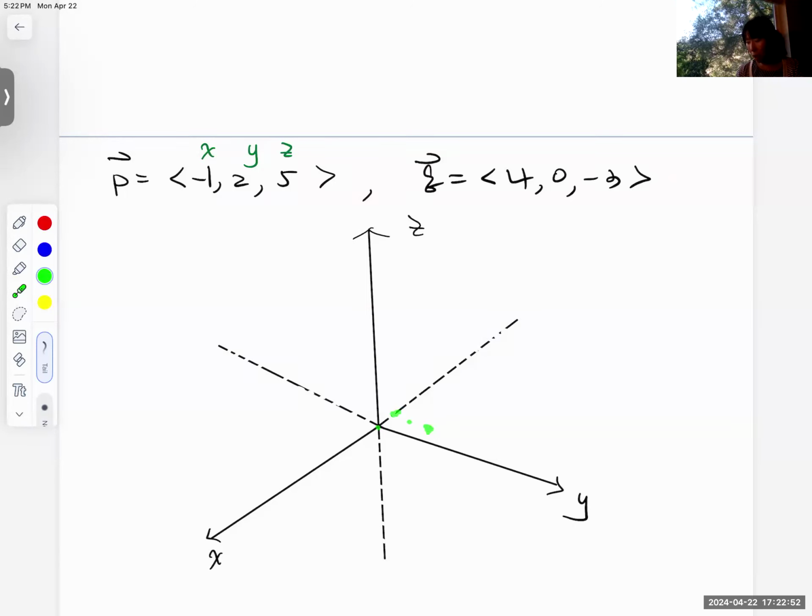From here, 2, and then I just measure 5 units up from straight, right? So 1, 2, 3, 4, 5. And then parallel with the z-axis. Not sure, but it's about here, right?